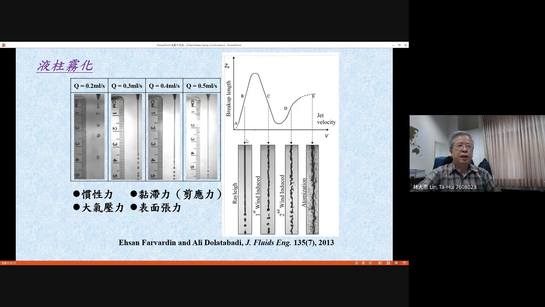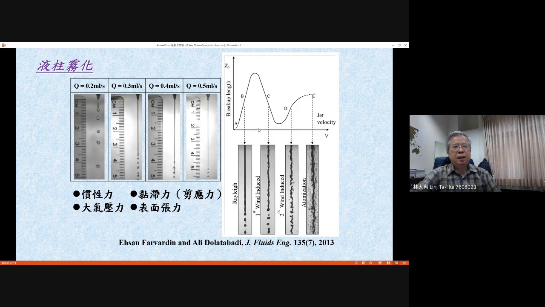Okay. Now you can see if you increase the injection velocity, the breakup length initially increases very linearly to the highest point. Okay, but when you increase the injection velocity further, those breakup lengths will be reduced, and you can see a different structure when wind-induced breakup occurs. Because now the air resistance becomes too strong, those kinds of waves coming from the shear force acting on the surface become stronger, not governed by the capillary effect.